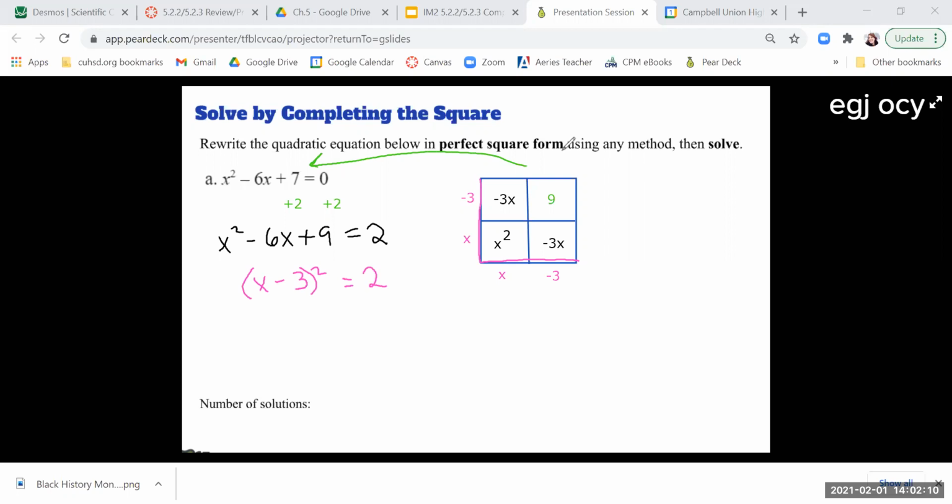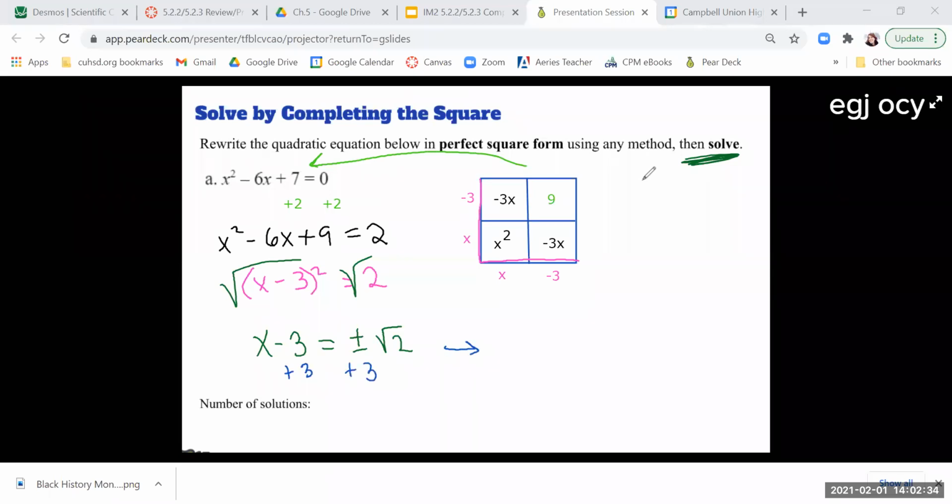And then finally, it's saying, please solve your equation, solve it all the way. I want to know all my solutions, however many I have. So I'm going to square root both sides. And I'm going to add 3 on both sides to get x by itself.